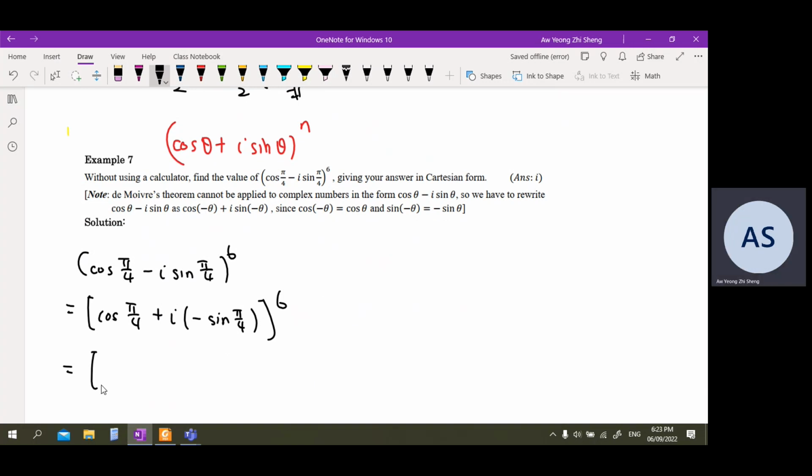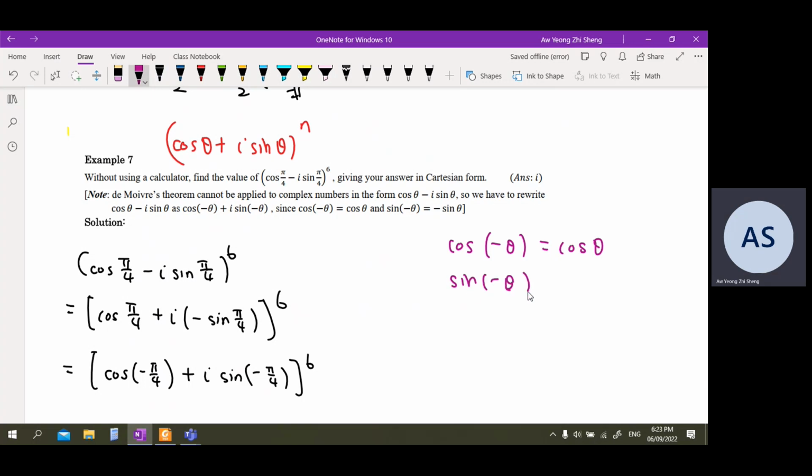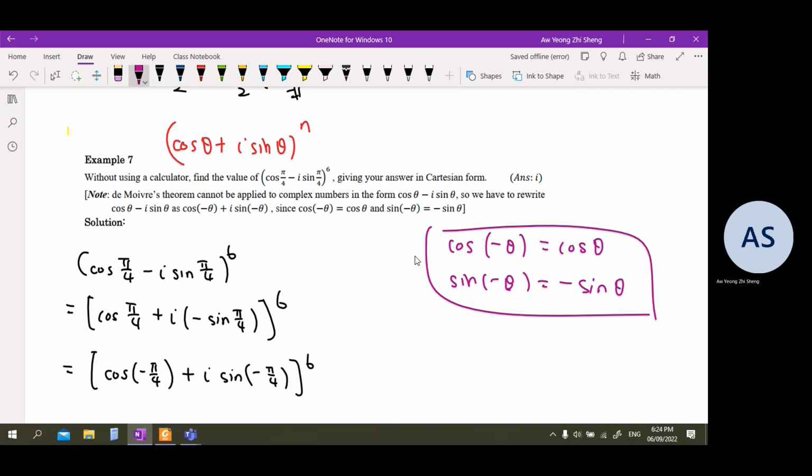Then cos pi over 4 I replace by cos of minus pi over 4. Then sine of pi over 4 I replace by sine of minus pi over 4. And this is by applying the properties cos of minus theta is the same as cos theta, and sine of minus theta is the same as minus of sine theta. Okay, I'm applying these two properties here.